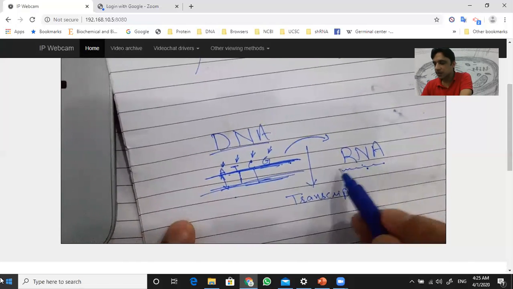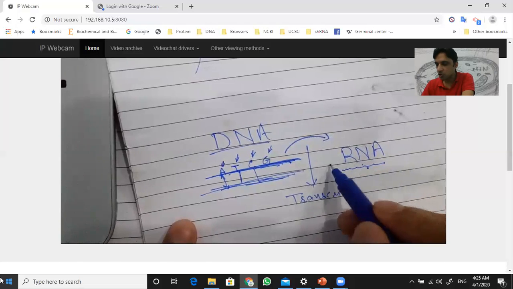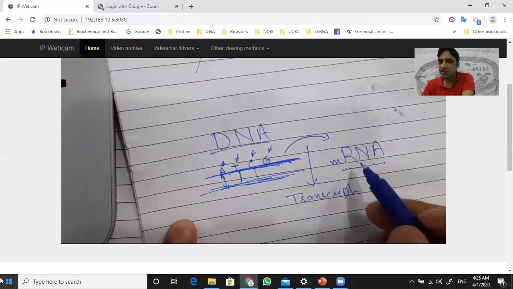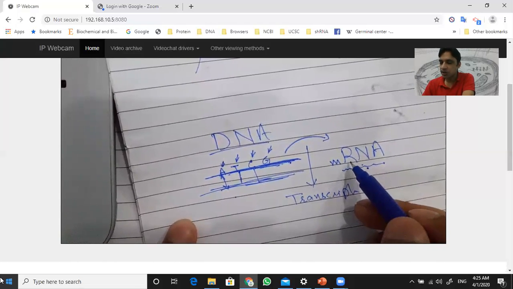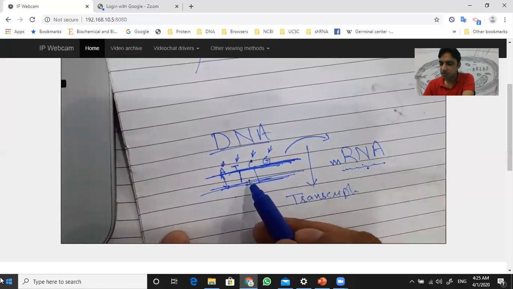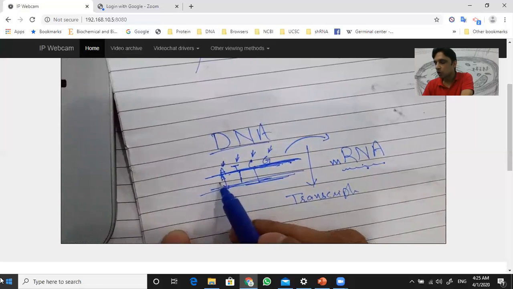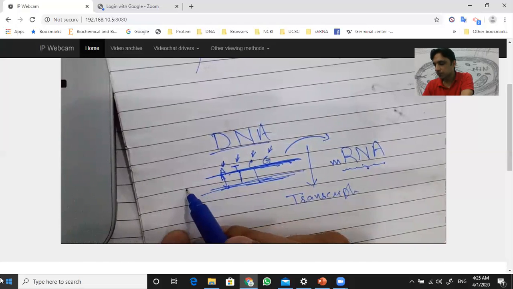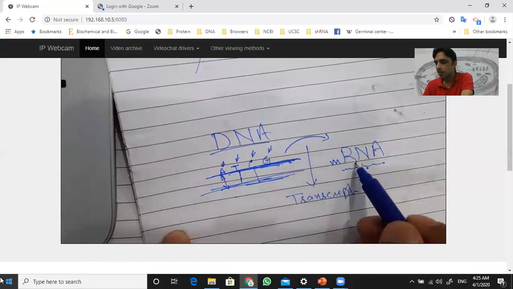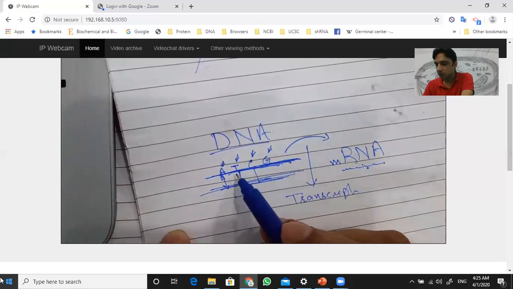Once the RNA is created, more specifically it is called mRNA or messenger RNA, because it takes the message from the DNA. There are lots of different types of messenger RNA coming out from the DNA.